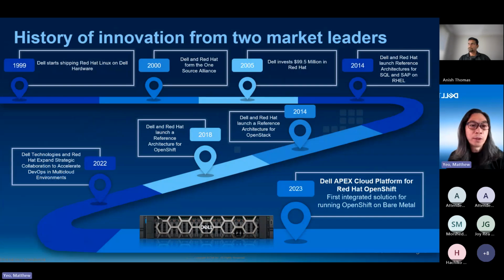Dell and Red Hat have been together for a really long time. Ever since they started back in 1999, where they shipped their first Linux solution, it was actually shipped on Dell equipment. Dell saw huge potential in Red Hat, and we invested quite a fair bit of money, close to 100 million in 2005.